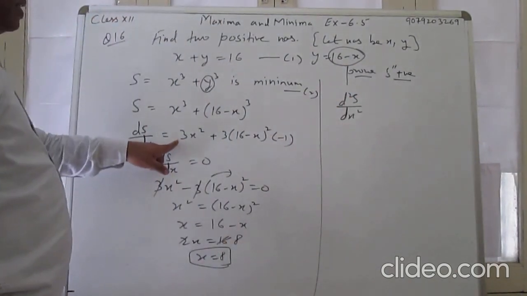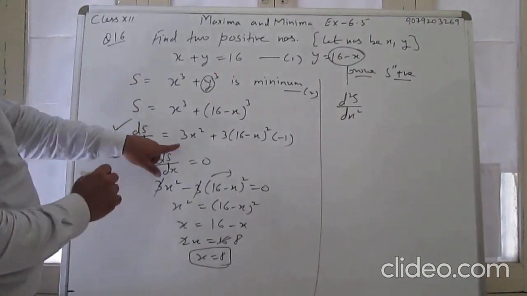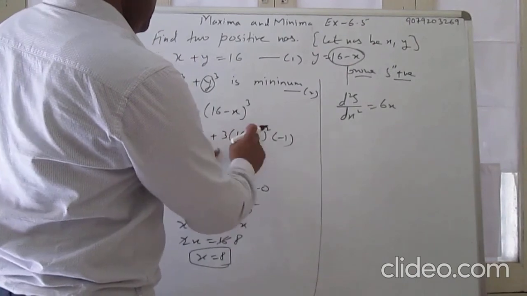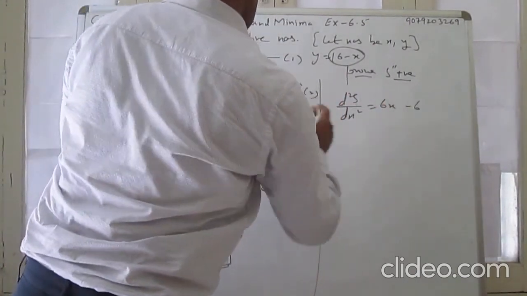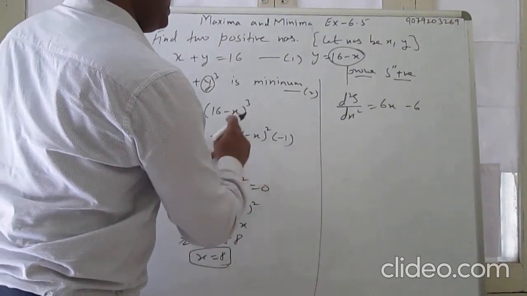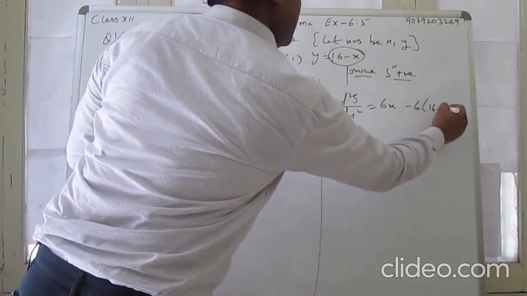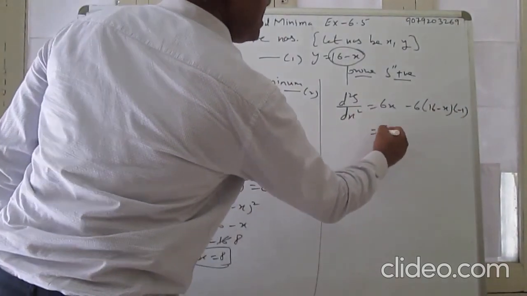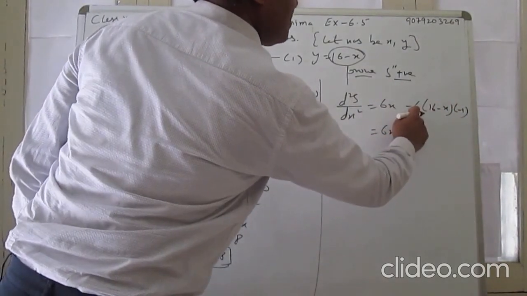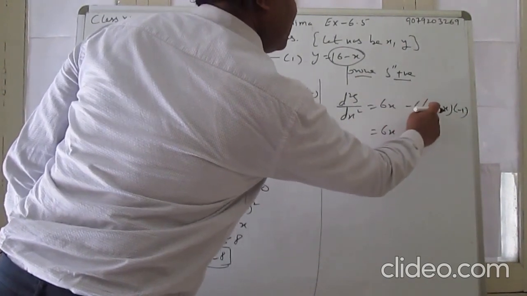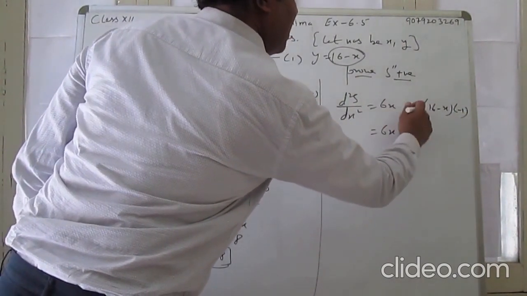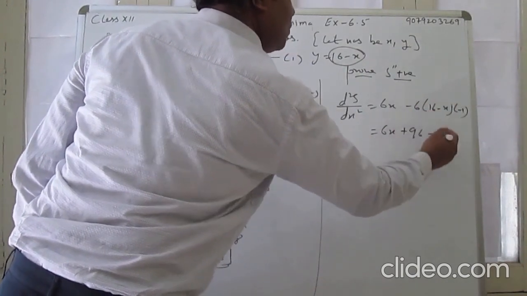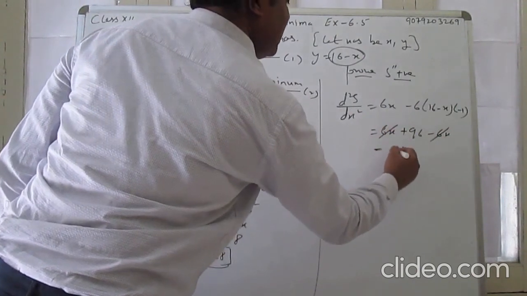It is 6x plus 6 into 16 minus x, with the derivative of 16 minus x being minus 1, so 6x minus 6 times 16 minus x times minus 1. That gives 6x plus 96 minus 6x, which cancels out to 96.